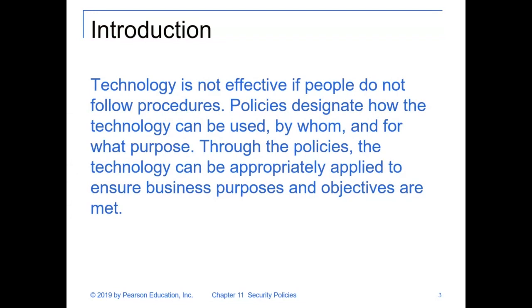Now, some ways that a policy may not be effective: technology might fail in relation to the policy, but it really involves people. Users may manually open an attachment, launching a virus, even though the policy says not to open the attachment.